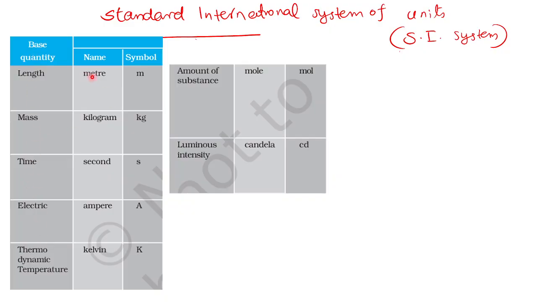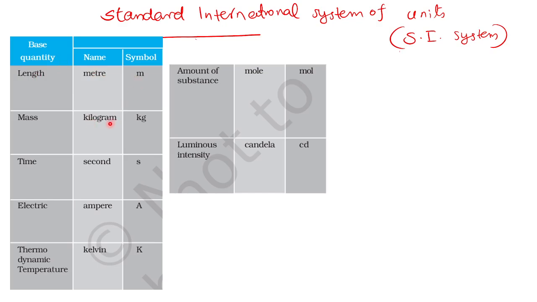The standard international units are meter. Meter should be used everywhere, in every country. As per standard international system, the meter is to be used everywhere in all countries. The meter is used for measuring length. The meter has the symbol M.